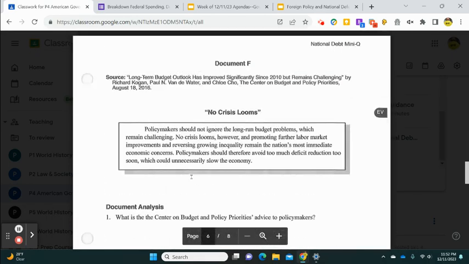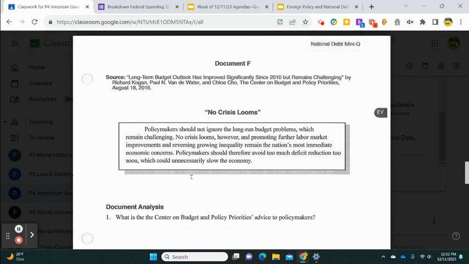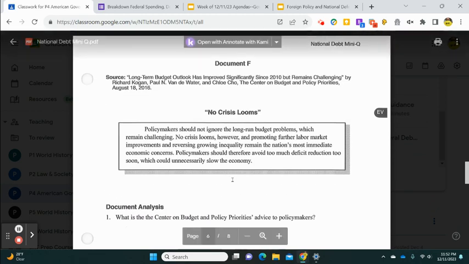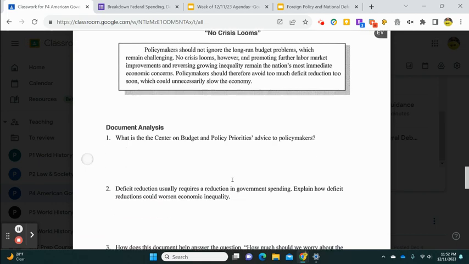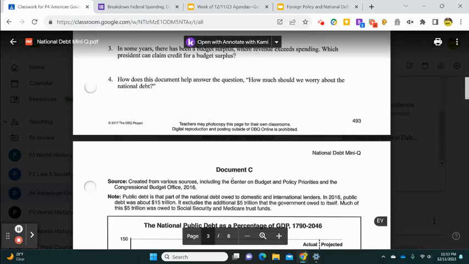The question that asks about how people should not ignore the long run budget problems, which will remain challenging. No crisis looms, however, and promoting further labor market improvements and reversing growth in inequality remains the nation's most immediate economic concern. One of the questions is: deficit reduction usually requires a reduction in government spending. How could that worsen income inequality? So look up here, as I told you yesterday.